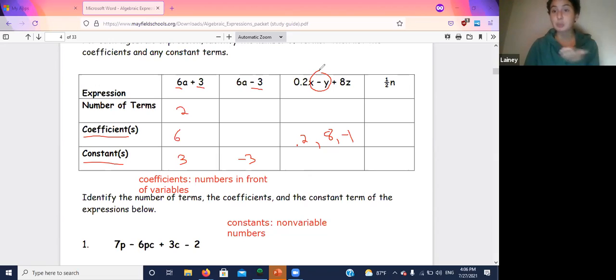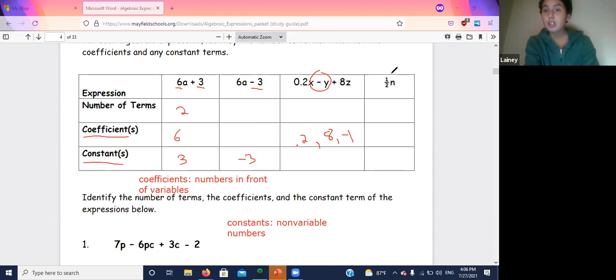If we see a letter being subtracted, we would know the coefficient would be -1. Does it make sense? Yeah. If it doesn't, think of it this way: if you're subtracting a y, it's getting negative. It's going less. Does it make sense? Yeah.